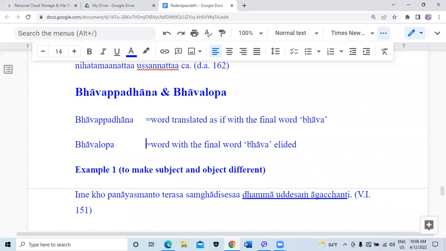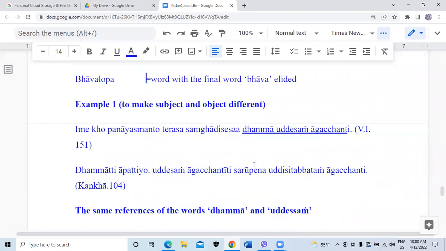So if we say Bhavataddhita, originally the word uddesa has no Bhava word at all, but we consider it in the sense that it has Bhava sense. It is one and the same.